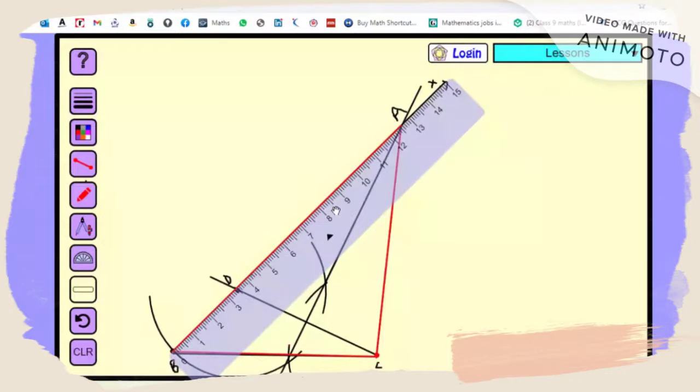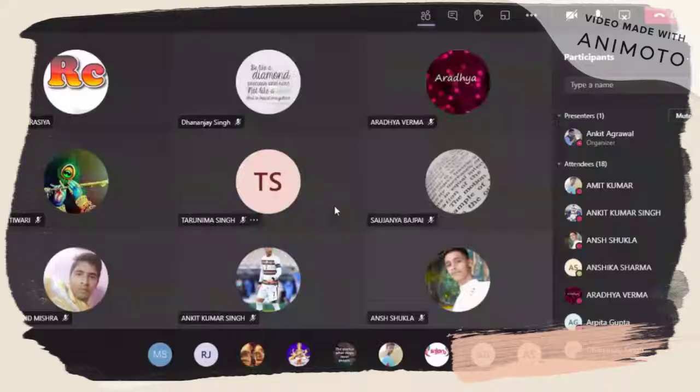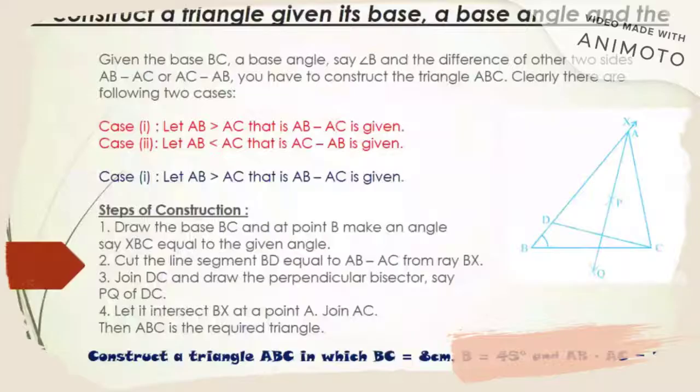Difference is how much? 3.5. And as per the question, we are supposed to have a difference of 3.5. I hope now all the steps are clear. Yes, sir.